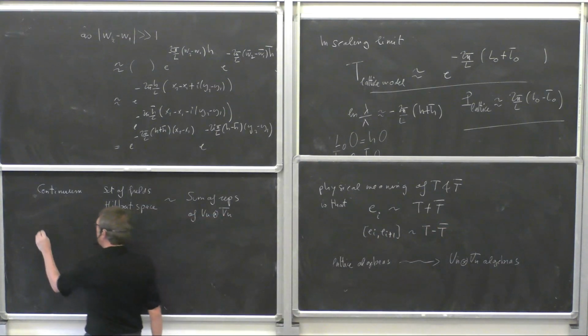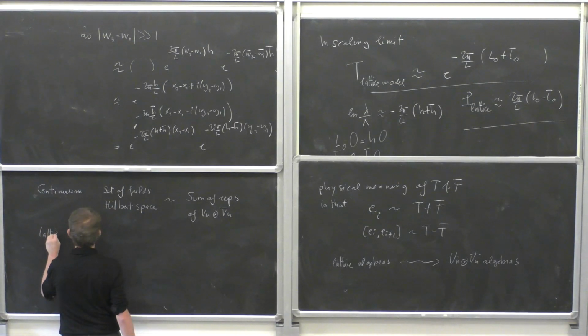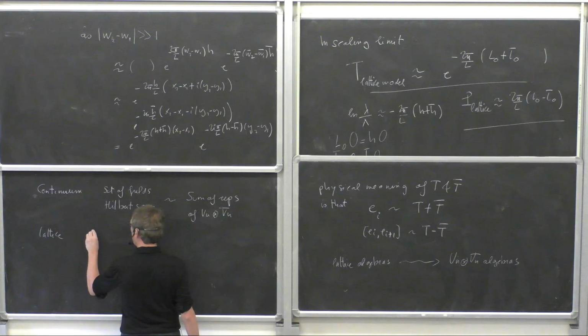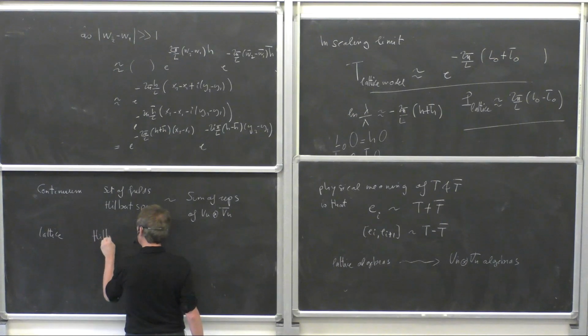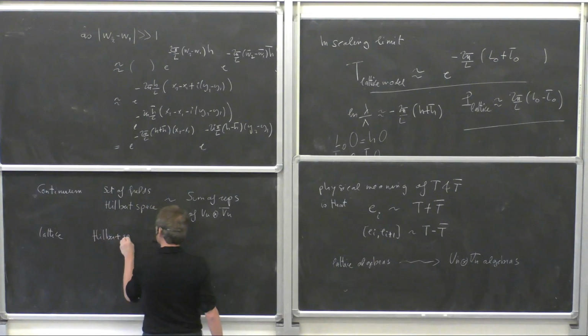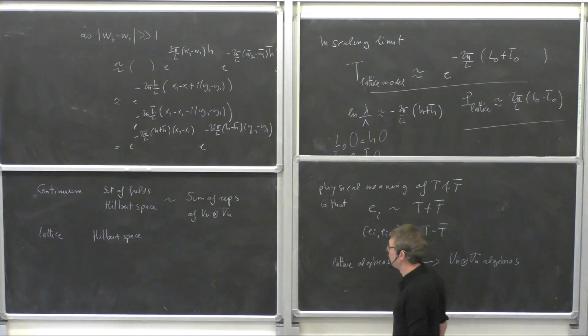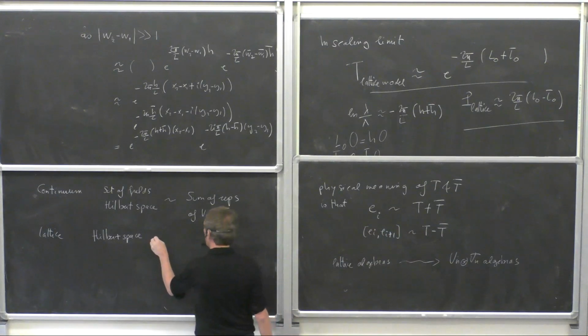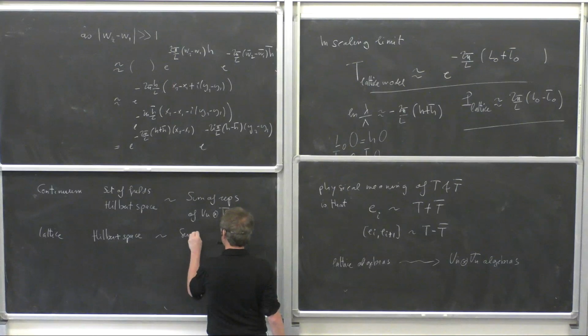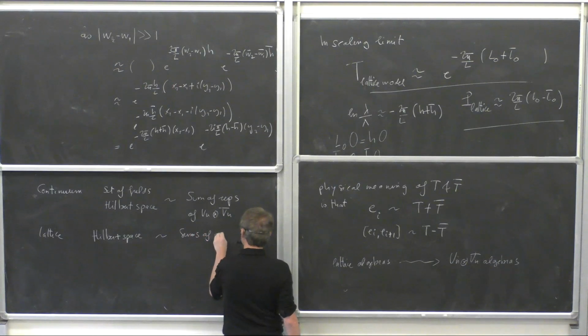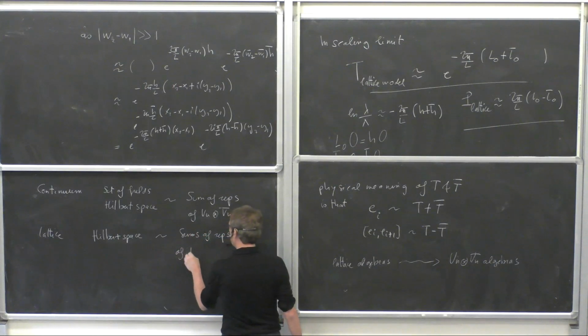And now on the lattice, I had a genuine space, the Hilbert space, or maybe some extension thereof if n is not integer, which I was thinking of as sums of representations of the Temperley-Lieb algebra.